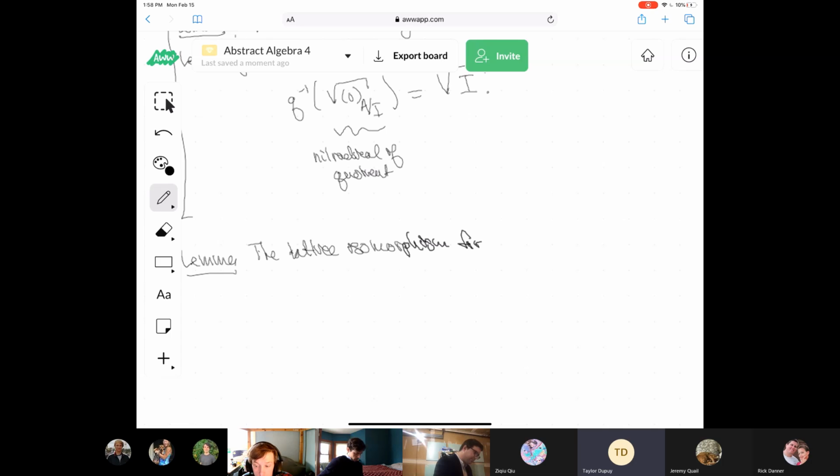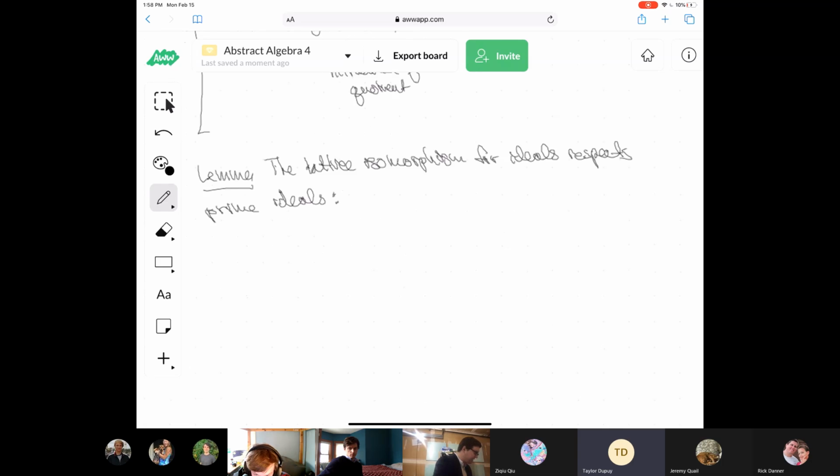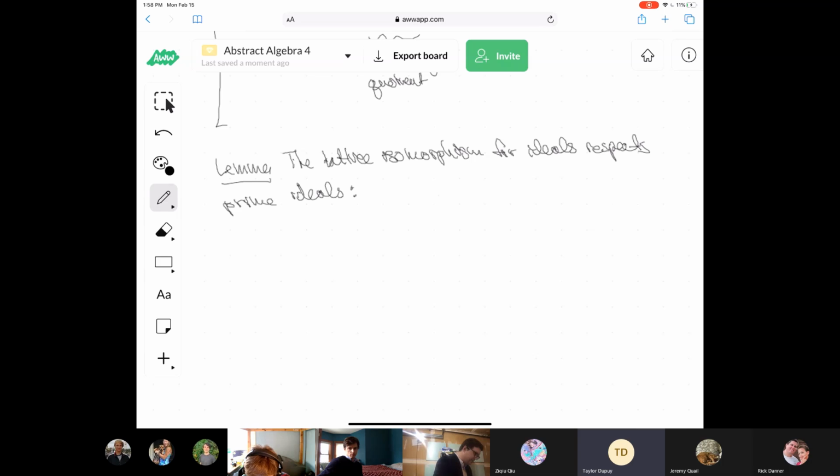for ideals respects prime ideals. And what do I mean by that? What I can do is take the topological space. It's actually even an isomorphism of topological spaces, but I just want this as lattices.